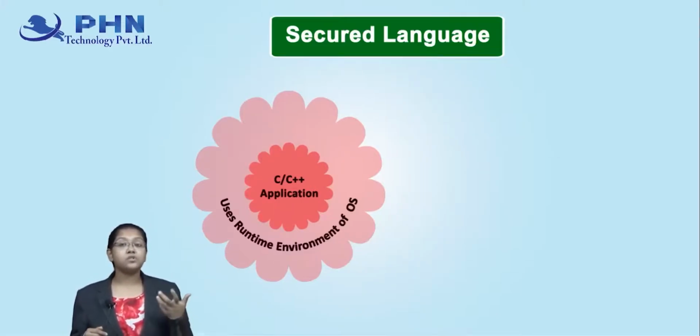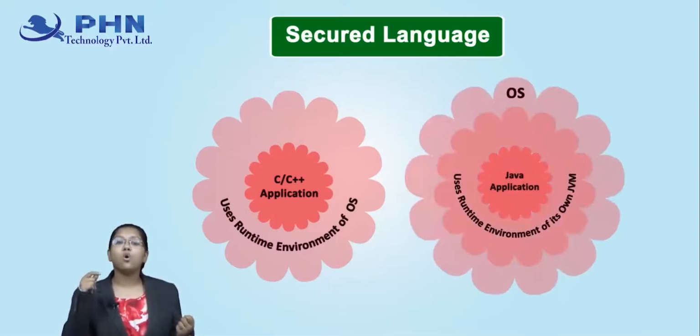That's why it was platform dependent. But Java is platform independent because Java uses its own runtime environment, known as JVM, the Java Virtual Machine. What exactly the Java Virtual Machine is, we will study in further lectures. So why is Java called secure? Because whenever we compile a Java program, it uses its own runtime environment, and hence Java is a secure language.